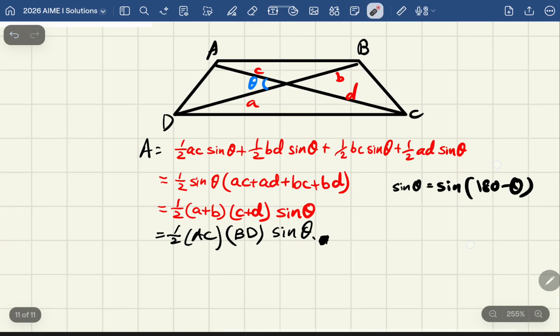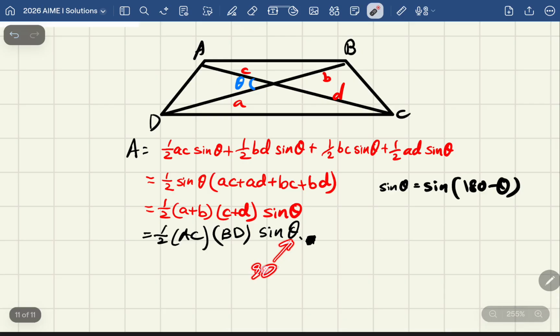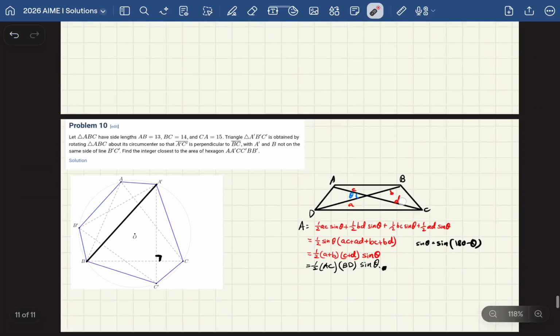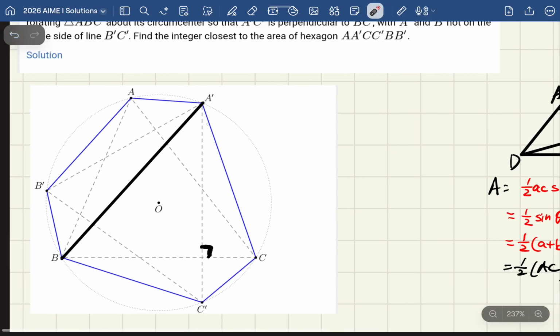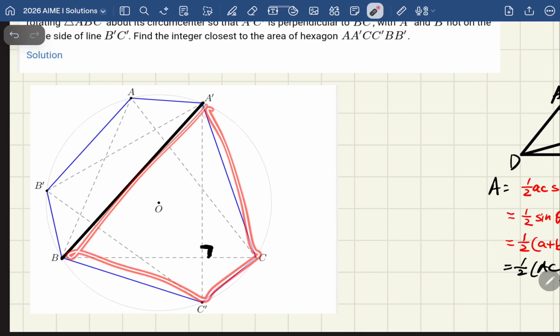And so when theta is 90, sine is 1, and this part cancels out, and then it's just 1/2 AC times BD, right? So that's what we have here.